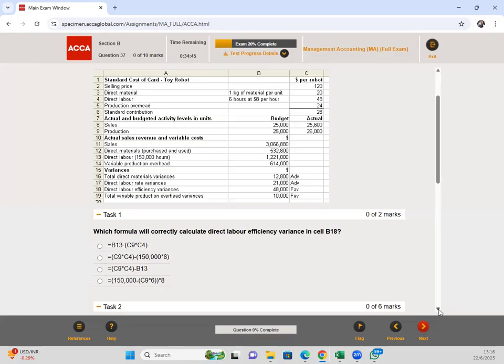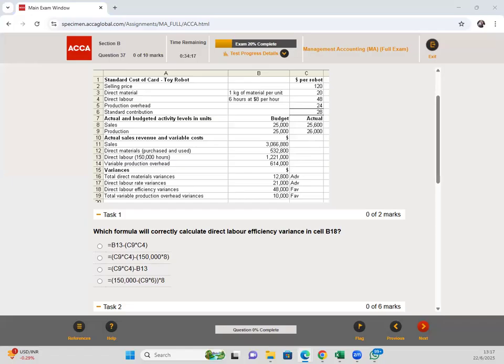Direct labor efficiency variance. Remember for labor efficiency, we are looking at being able to use labor fewer hours than budgeted. If labor is efficient, they are using fewer hours than budgeted.